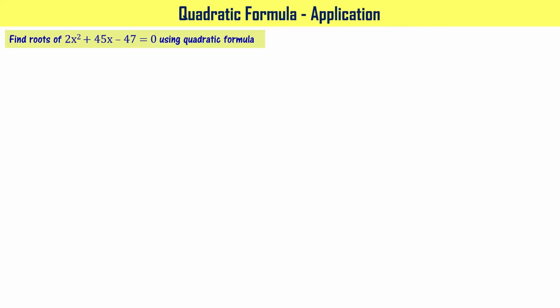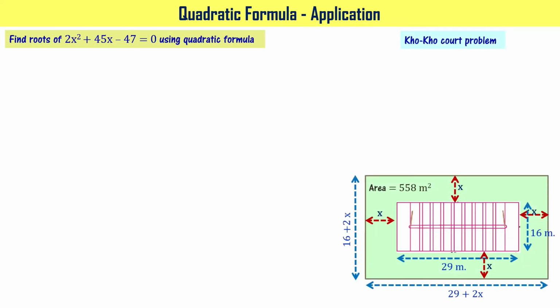Let's now find roots of 2x square plus 45x minus 47 equal to 0 using quadratic formula. You remember this particular equation is corresponding to Cocoa Code problem we have studied in the first video of this chapter, right? In the introduction video to quadratic equations, we have discussed about one problem, that is Cocoa Code problem.